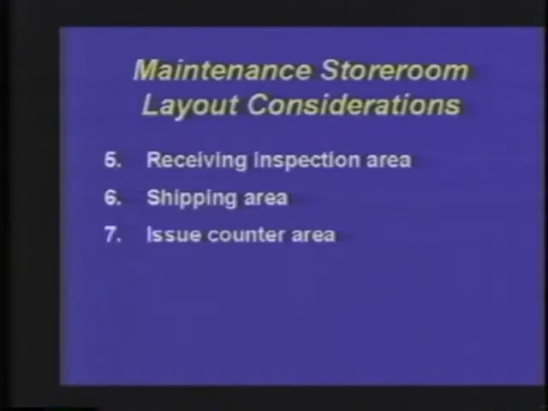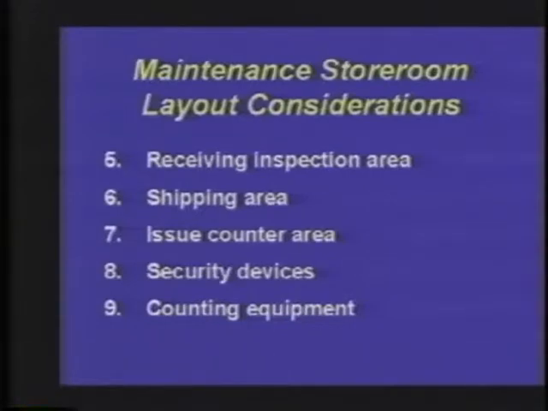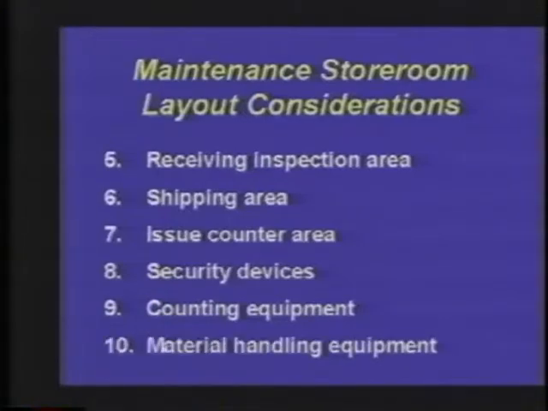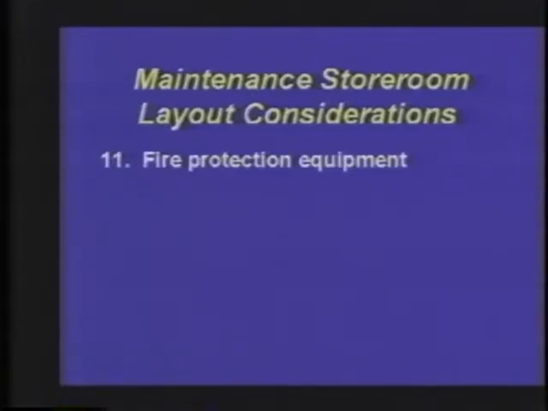Then, where is the issue counter, or there could be more than one issue counter required. 8 addresses the security devices to make certain that the storeroom is secure at all times. 9 is the counting equipment, and where is it going to be maintained, and some of it may be mobile so that we can move it from one bin location to another. 10 is the material handling equipment, and now 11 gets into some of the structure of the storeroom itself, such as fire protection equipment, but that not only pertains to, let's say, overhead sprinklers, but also to various fire protective devices like the canisters that may be placed in different locations throughout the storeroom.